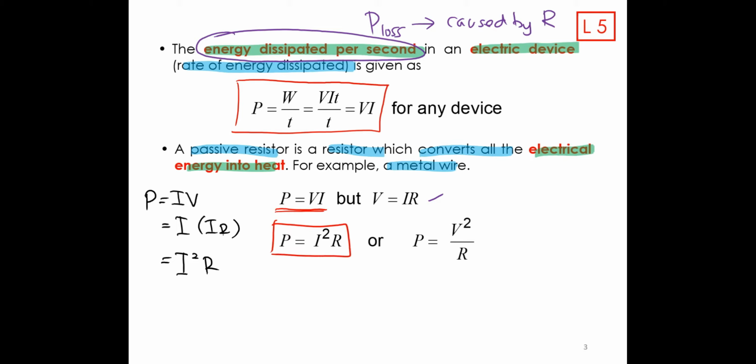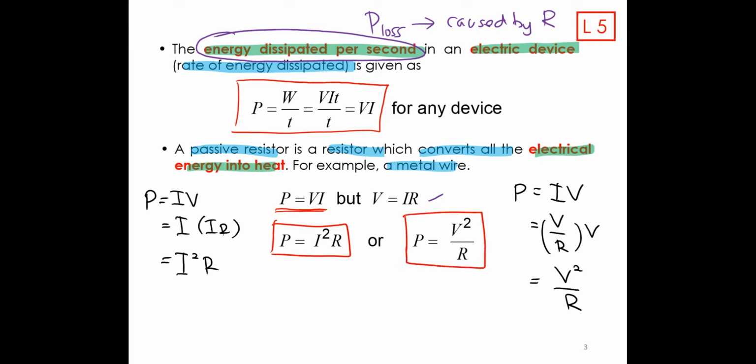For the next one, P equals IV, and I change I, so I equals V over R from Ohm's law. So V squared over R. Then you have our third equation.